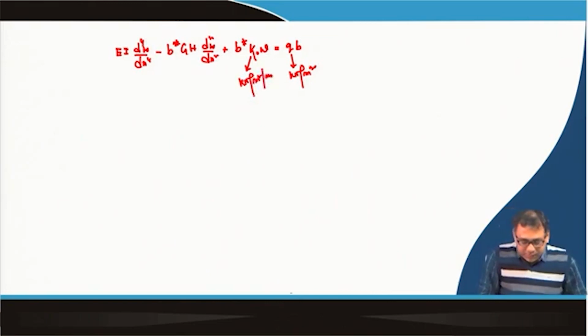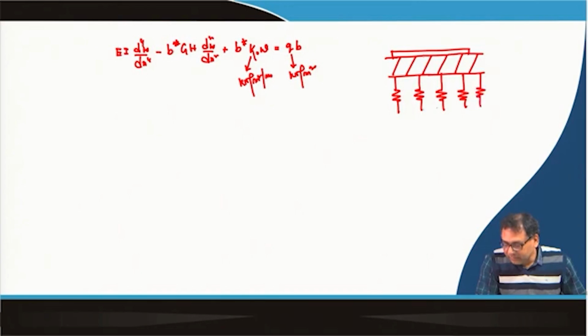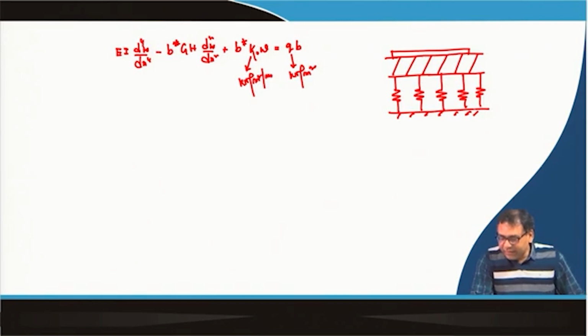Okay. And now in this case, if the beam is resting on a 2 parameter model, there is a difference: you will get the deformation within the beam region as well as outside the beam region also.